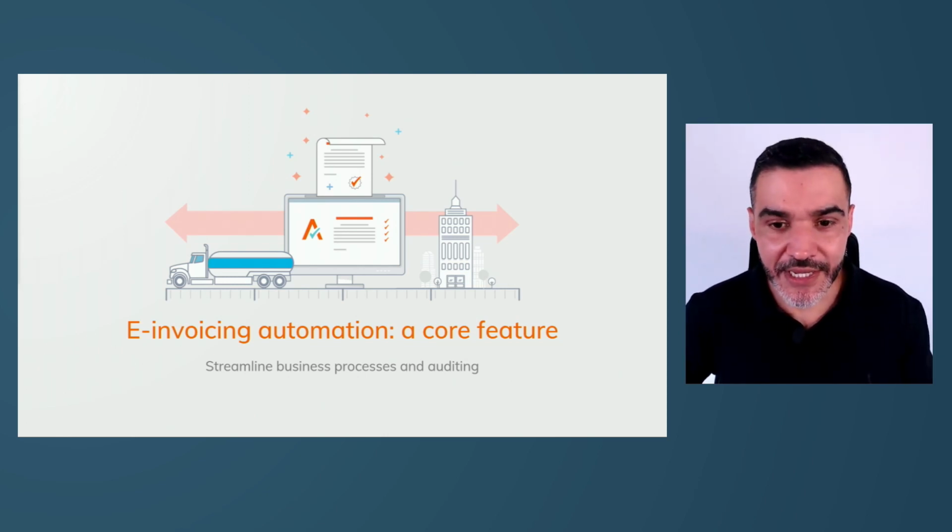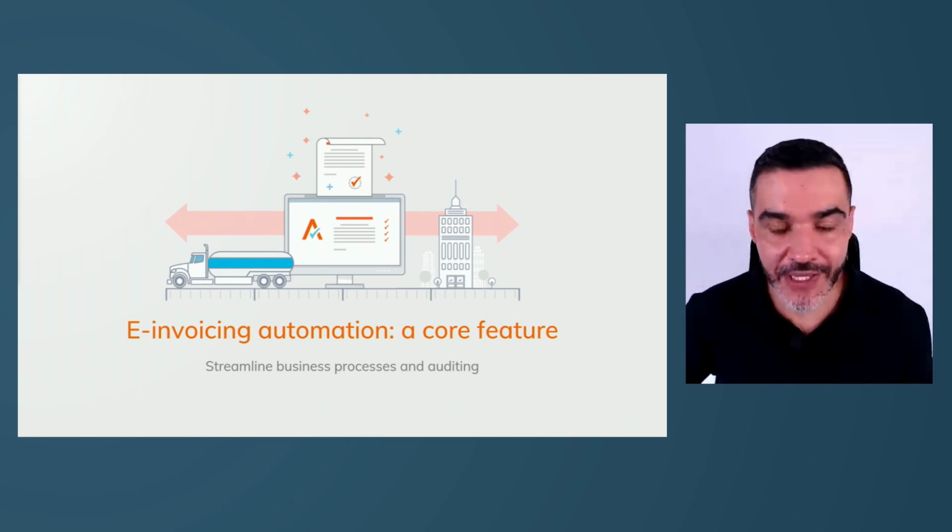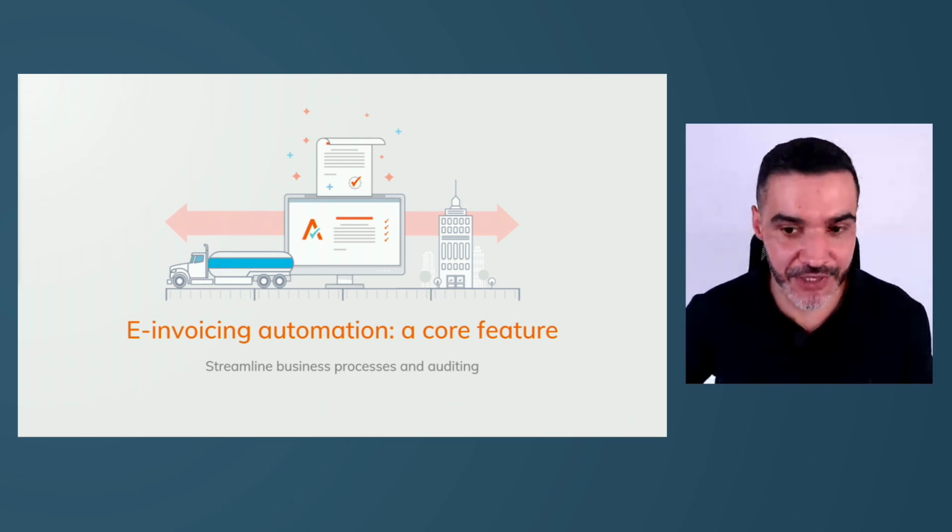For instance, it enables real-time analysis of transactions coming from vendors or to customers that can be used as decision points or business decision endpoints. It also enables what we call a touchless integration process between the business partners involved in that transaction and even with the tax authorities.